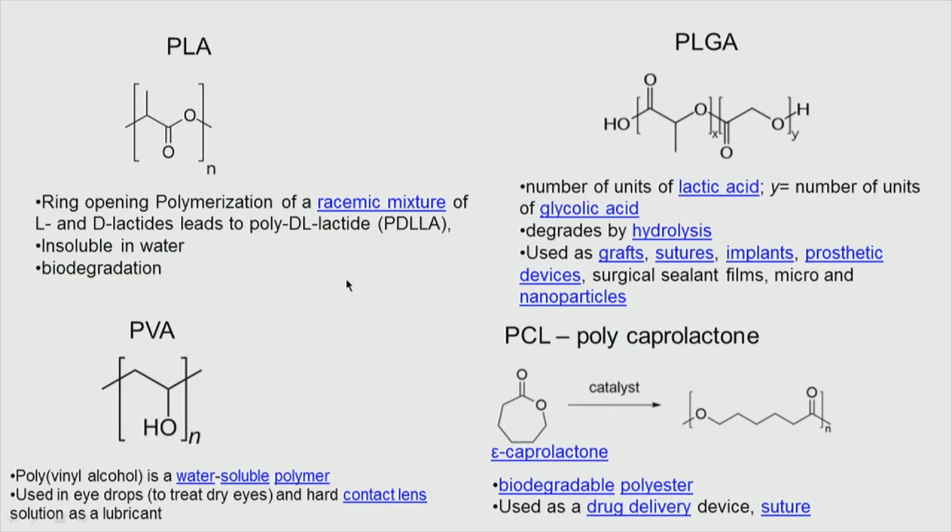But if I take only L lactide, then I will get PLLA, poly L lactic acid. Okay. So, they are insoluble in water, and so we can tune their properties by either taking a DL racemic mixture of lactides or just L lactide and so on actually.